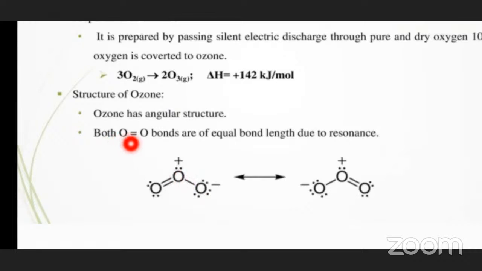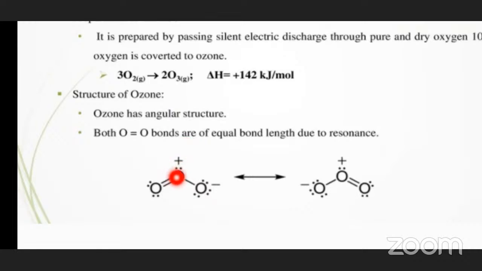Both oxygen bonds have equal bond length due to resonance. That means these two bonds show equal bond length due to the presence of resonance. As I told you yesterday, this symbol indicates a resonance structure. What is the meaning of resonance? The delocalization of pi electrons is called resonance. Always the pi electrons participate in resonance, not sigma electrons. Okay, my dear students.